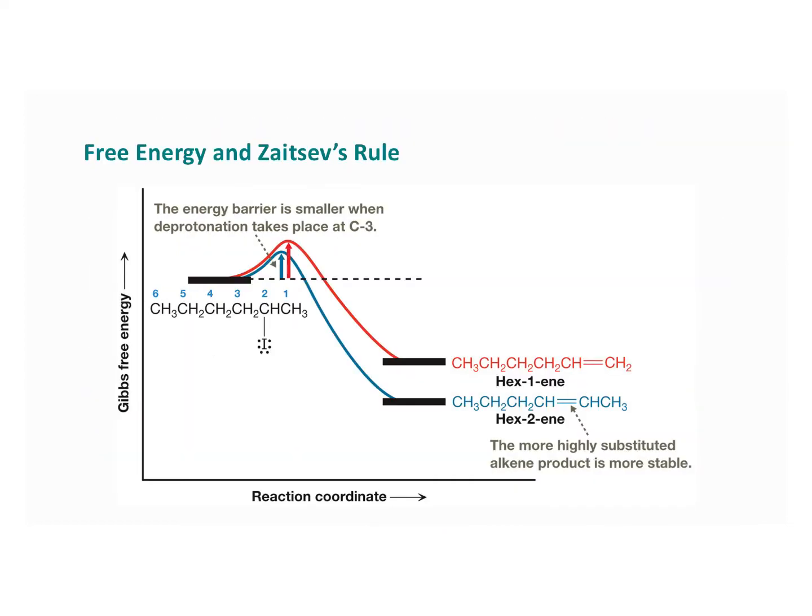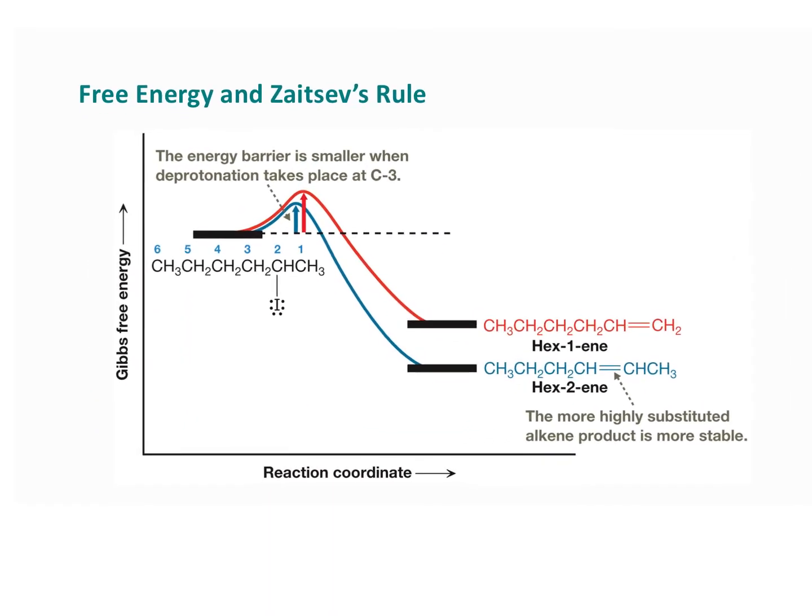And so when we look at our free energy diagram, what we are going to see here is that, well, first off, what you're looking at is a red line, which is hex-1-ene, and then a blue line, which is hex-2-ene. And what you're going to see is that the energy barrier of the reaction for hex-2-ene is smaller, right?